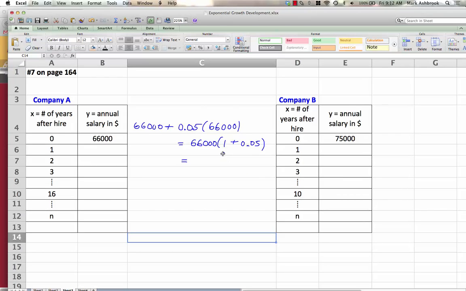So this is the same as 66,000 times 1.05, which is equal to taking 66,000 and adding it to 5% of 66,000. Multiplying by 1.05 is an equivalent calculation to finding 5% and adding it to the previous salary.